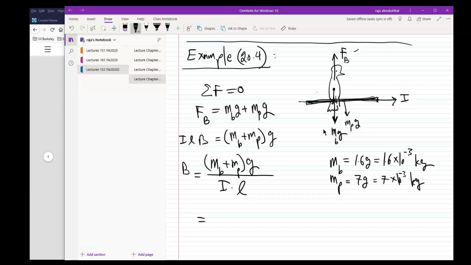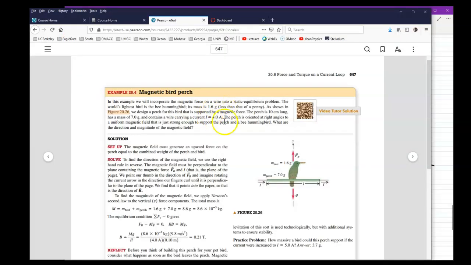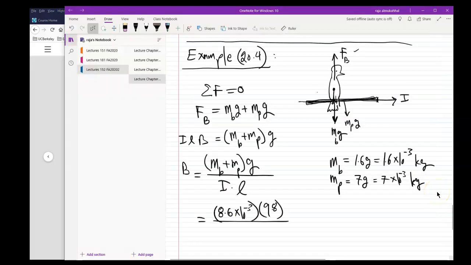It's going to be 8.6 times 10 to the negative 3 times 9.8 divided by the current. He says the current is equal to 4 amps and the length is 10 centimeters, 0.1 meter.